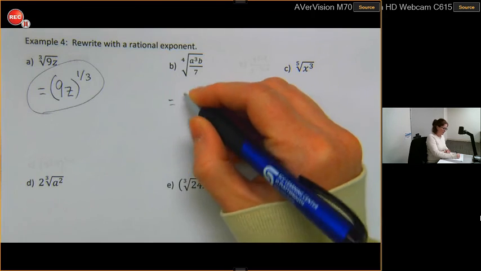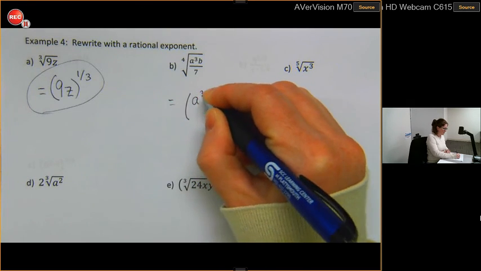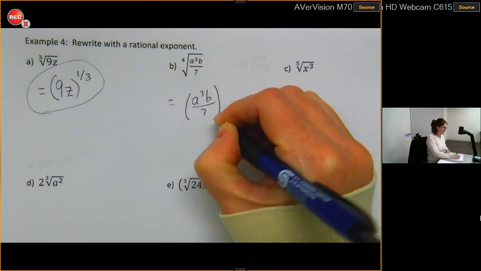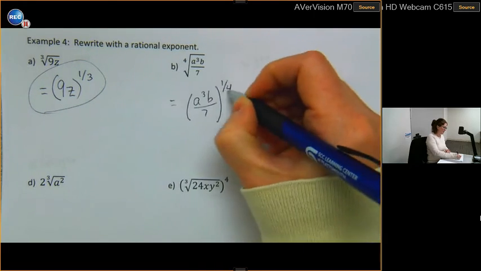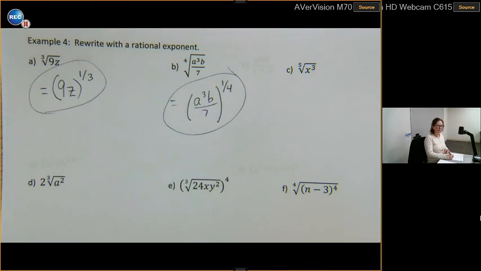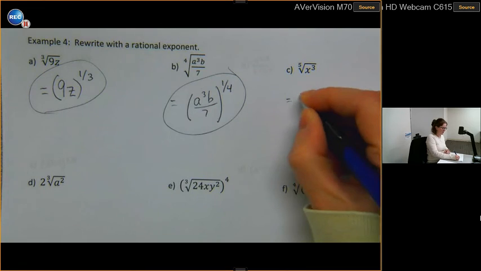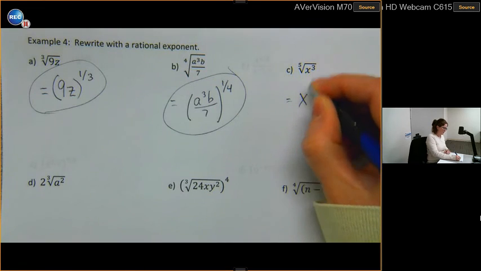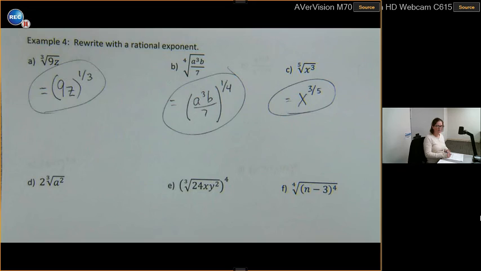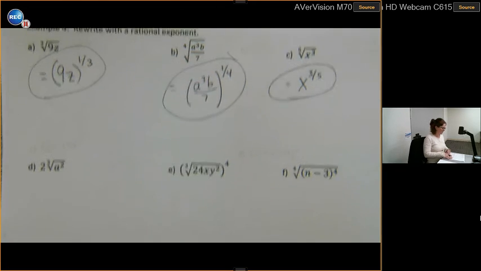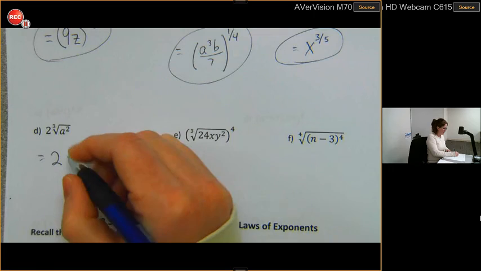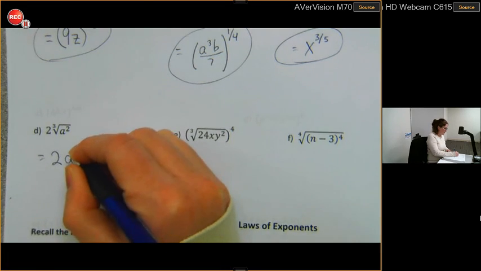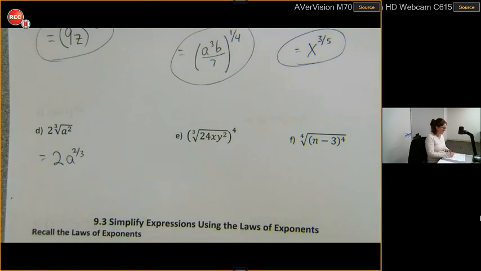Part B, I have in parentheses a cubed b over 7, and my exponent was 1, my index was 4, so my fraction is 1/4. Part C, x, my exponent is 3, my index is 5, so the fraction is 3/5. Part D, the 2 is in front, and then I have a to the 2/3.